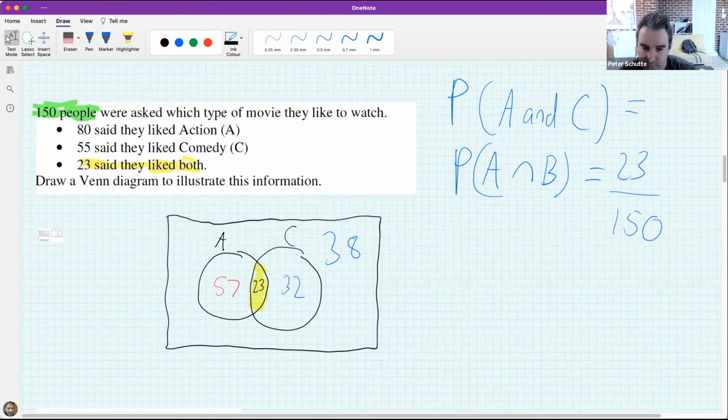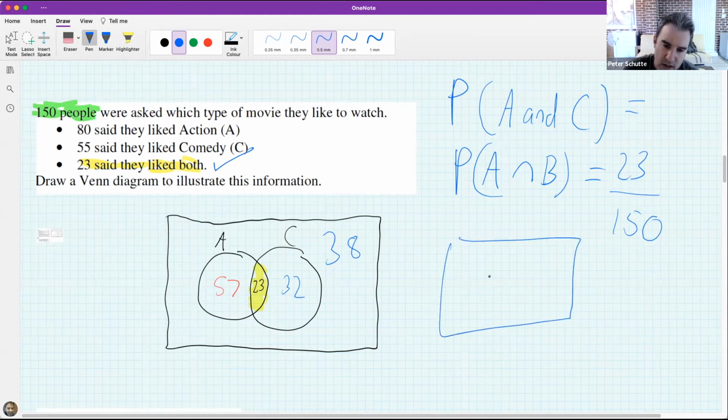Can you please explain for AC Mike how you got the values for A and C? So what I did was I started with the centermost area. It basically said 23 liked both action and comedy. And so I drew the two sets of people who like both. We say that they have an intersection.